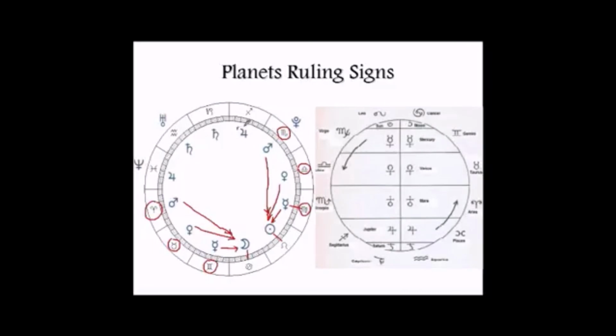Jupiter felt it would only be just to get his share of the abundance, and convincingly presented his case to the sun, and he was given Sagittarius.